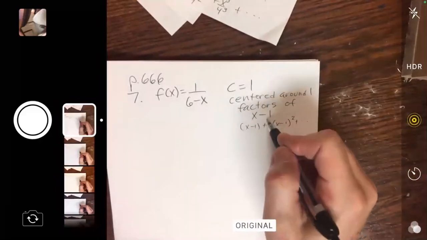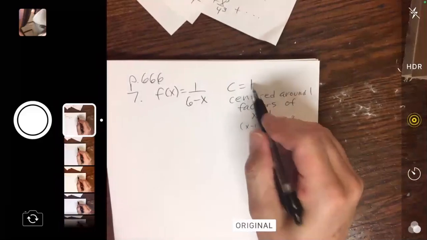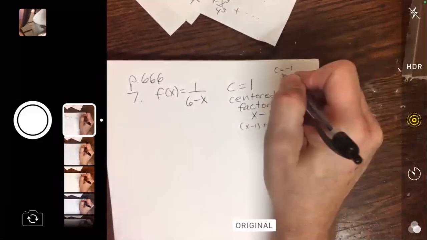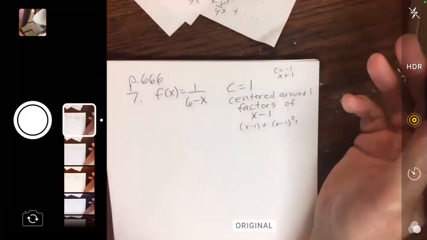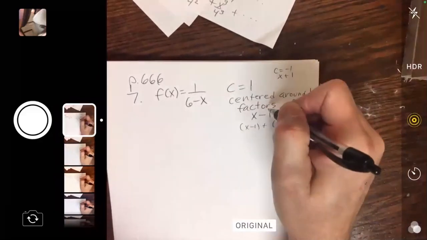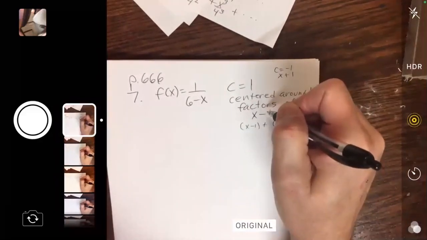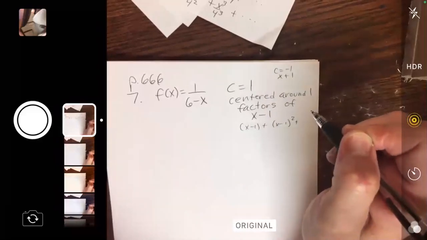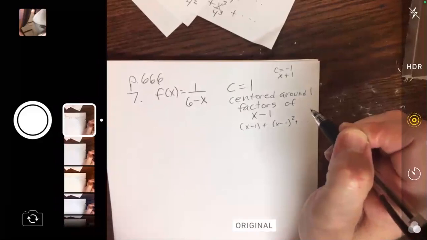That ring a bell? Because remember, you got to put this number into your thing. 1 minus 1 is 0. If it was c equal negative 1, you'd have factors of x plus 1. Everybody get that? That makes sense. Okay.